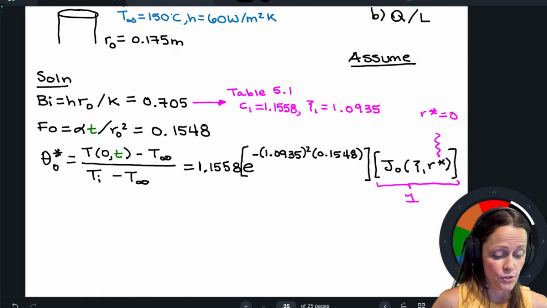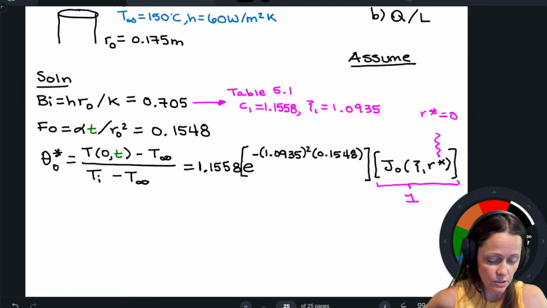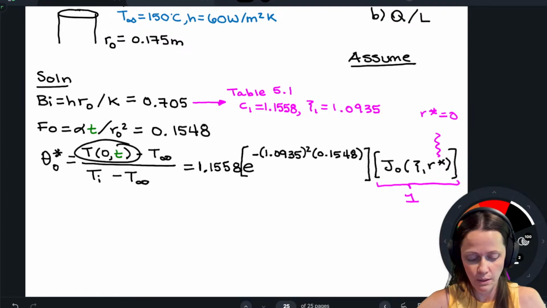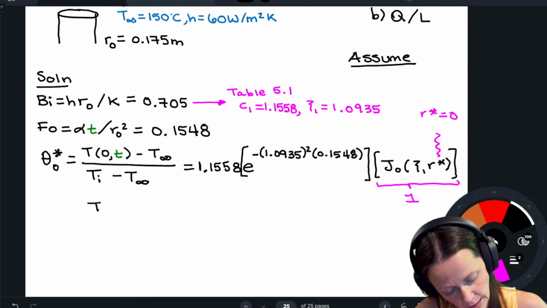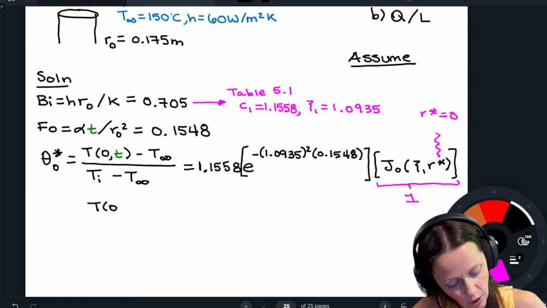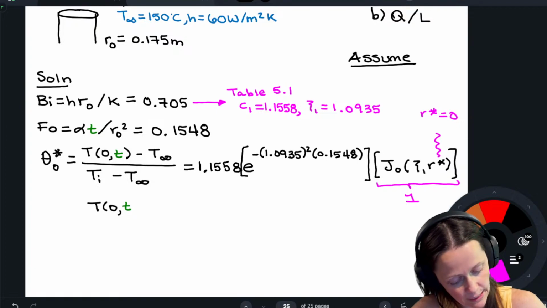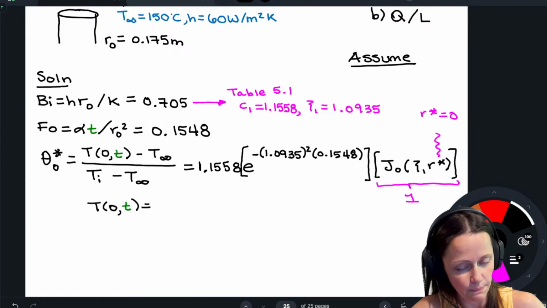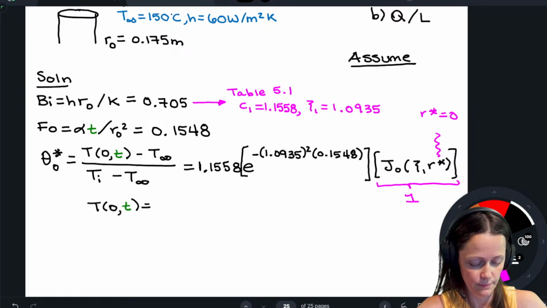So I have one equation, one unknown, and my temperature at r equals 0 and 1200 seconds ends up being 390.